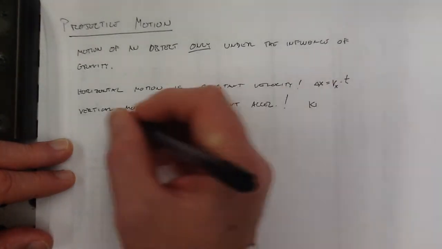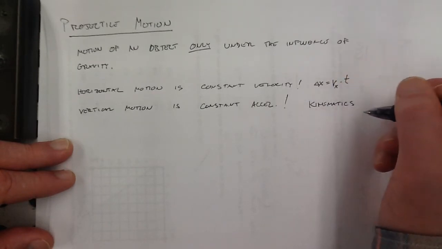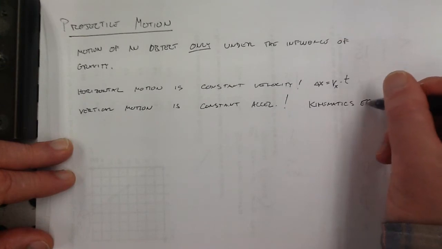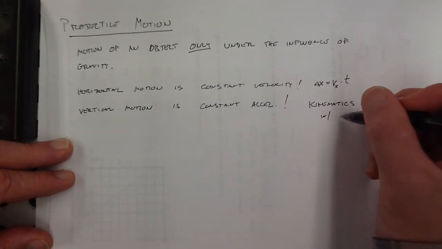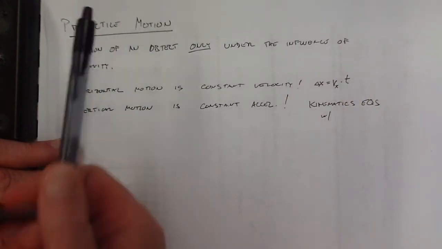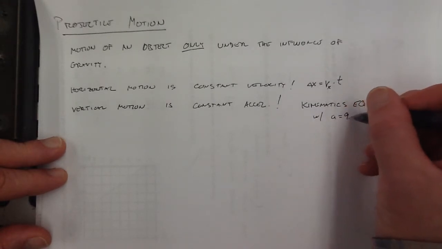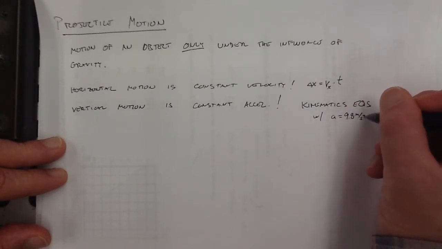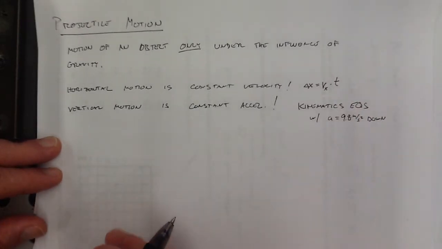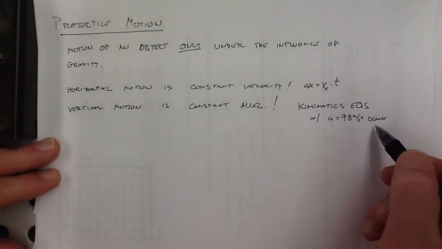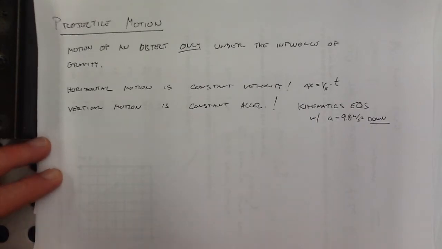That means in the vertical direction, you use the kinematics equations, knowing that if you're talking about projectile motion on our planet, then your acceleration is 9.8 meters per second squared in the down direction. If you have decided to make down negative, that would be negative, right? But I'm just going to say down here, and I can leave that decision to be made later.